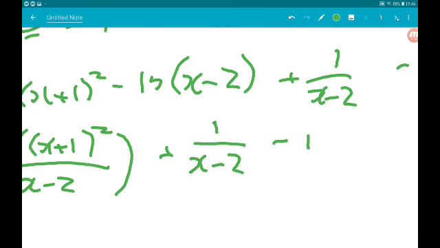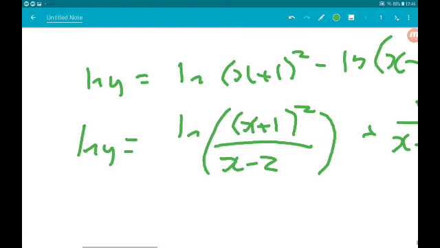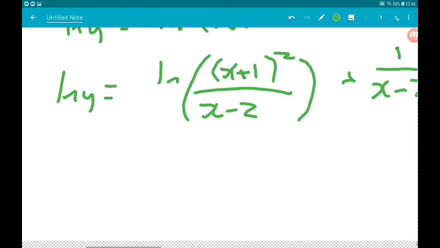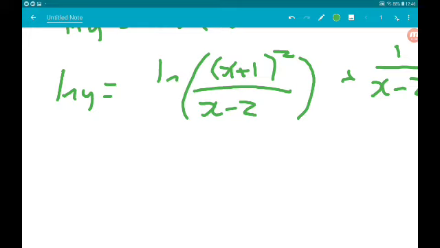Right, it's now time to get rid of the log y. So to do that, we raise both sides as a power of e.